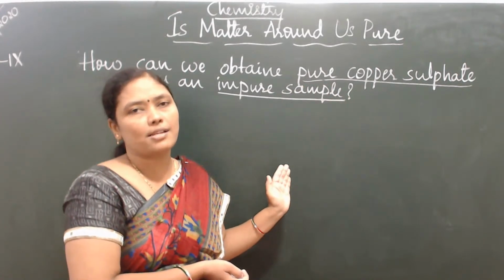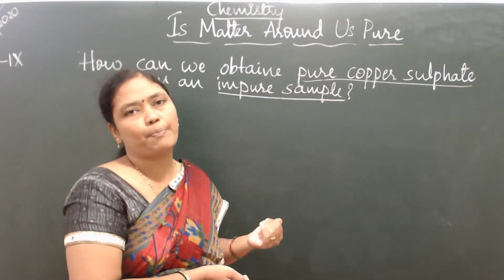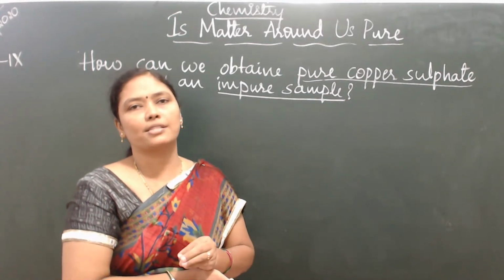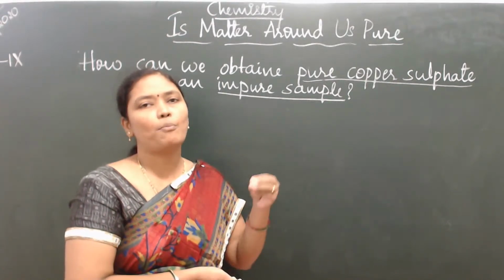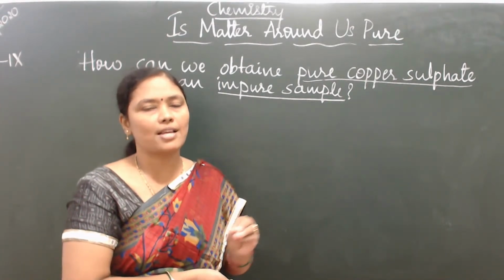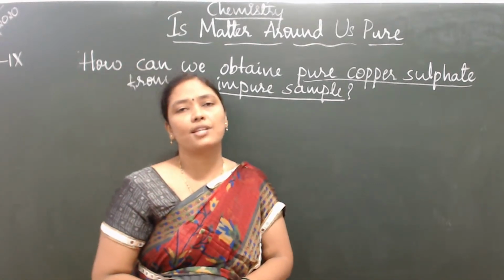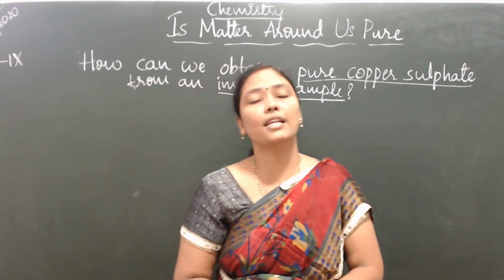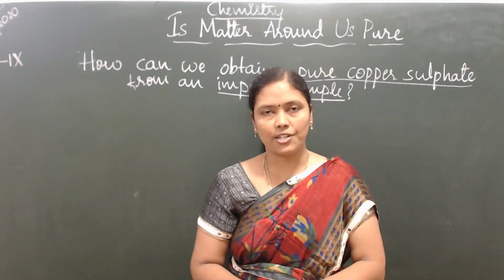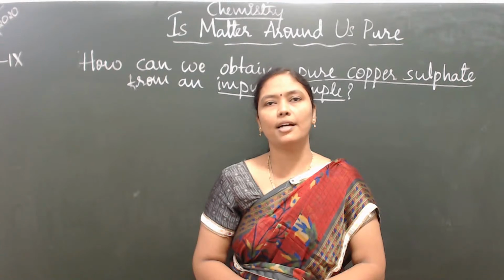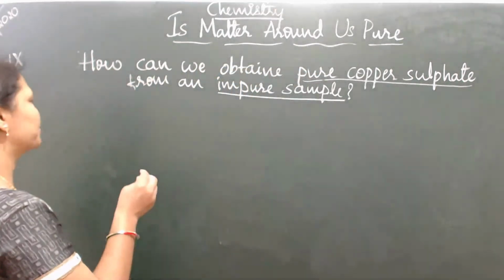So the crystallization method is the process in which we separate pure solids in their crystal form from a solution. And here, dear students, the crystallization method is better than the evaporation method for certain reasons.